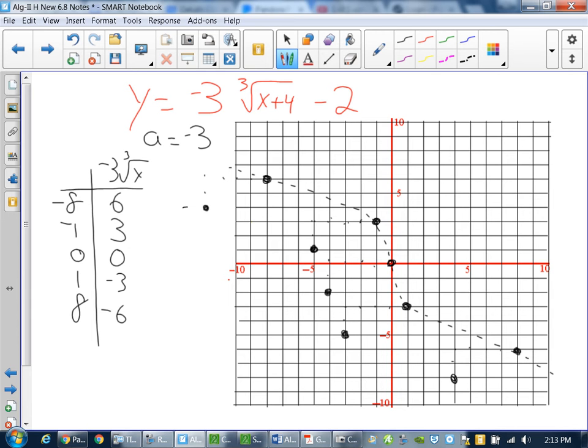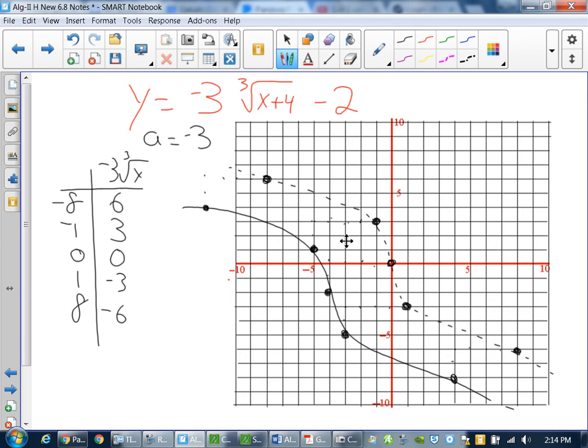So now we go. So now take a look at this type of function. Are there any parameters that make a possible domain or range restriction?